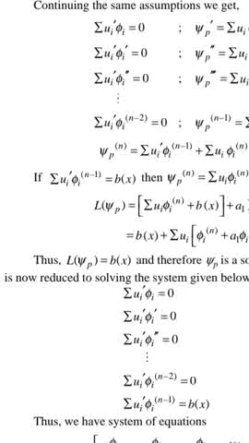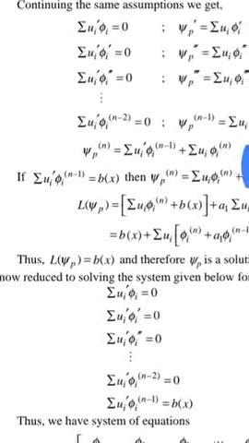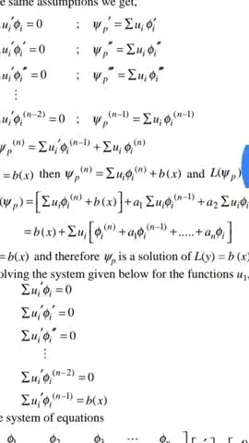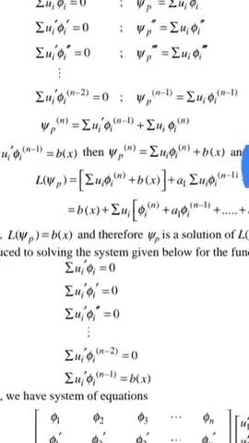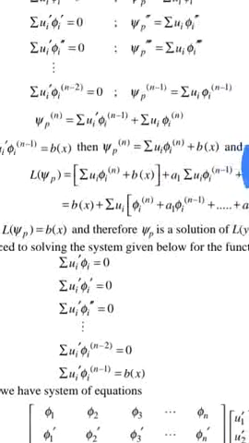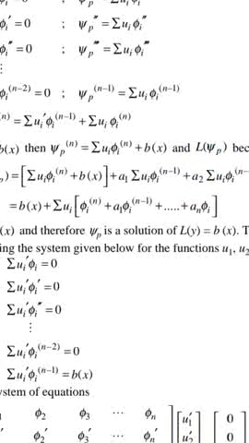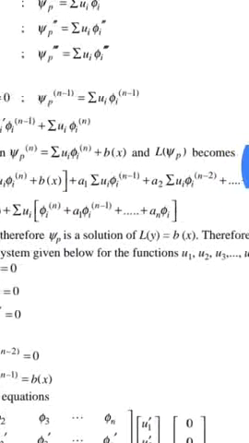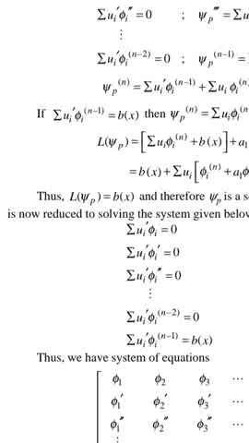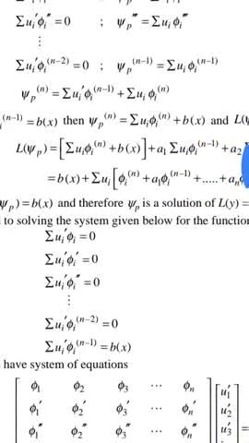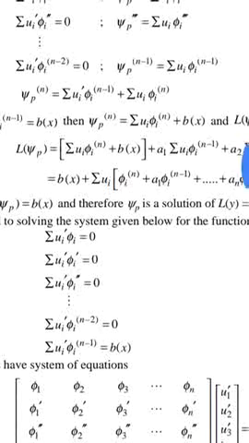If summation of ui' phi^(n-1) is equal to b(x), then psi_p^(n) is equal to summation of ui phi^(n) plus b(x), and L of psi_p becomes: L of psi_p is equal to summation of ui phi^(n) plus b(x) plus a1 summation of ui phi^(n-1) plus a2 summation of ui phi^(n-2) plus dot dot plus an summation of ui phi, which is equal to b(x) plus summation of ui times (phi^(n) plus a1 phi^(n-1) plus dot dot plus an phi).